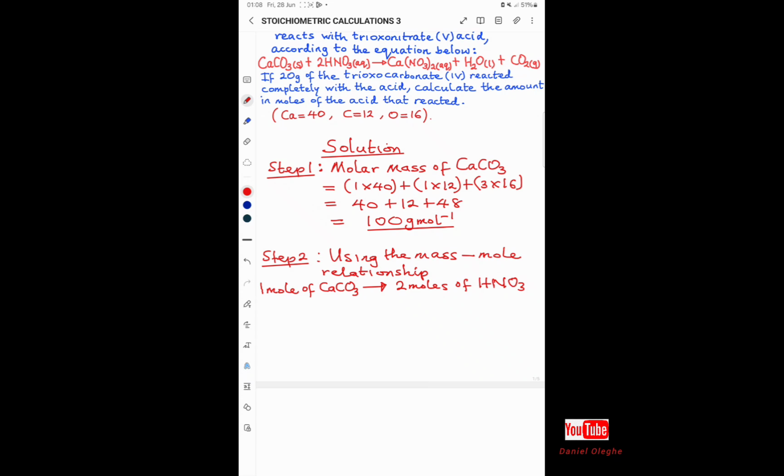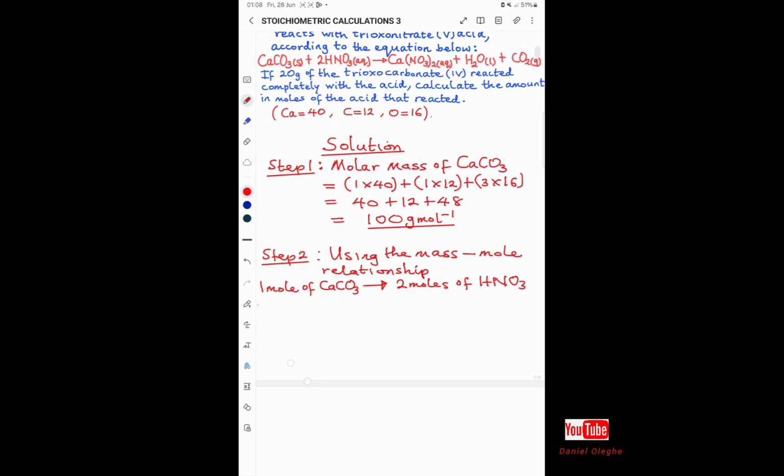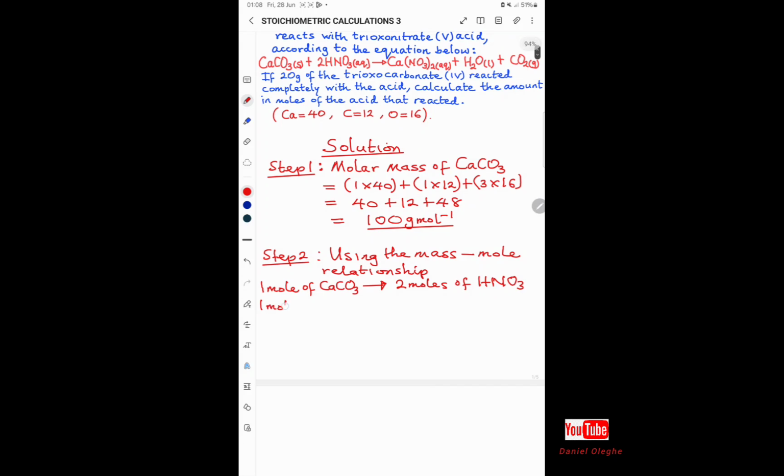So we are going to multiply the molar mass by the 1 mole given in the reaction to get the mass in gram as follows. 1 mole multiplied by the molar mass 100 gram per mole of CaCO3 reacting with 2 moles of the HNO3.